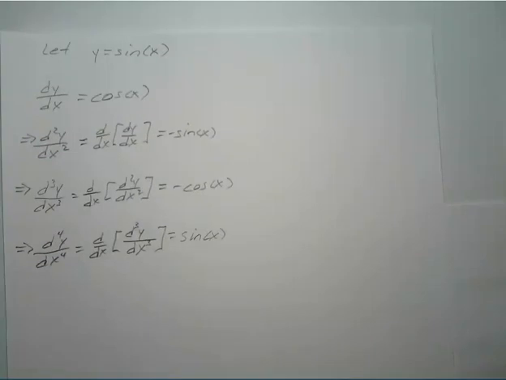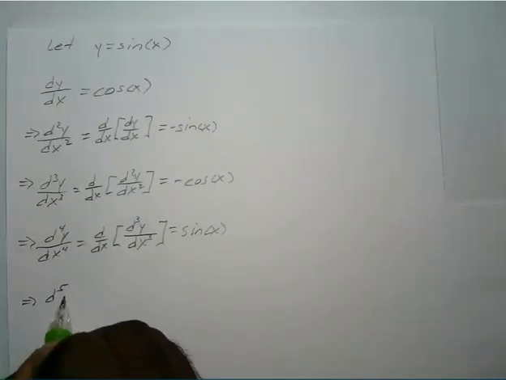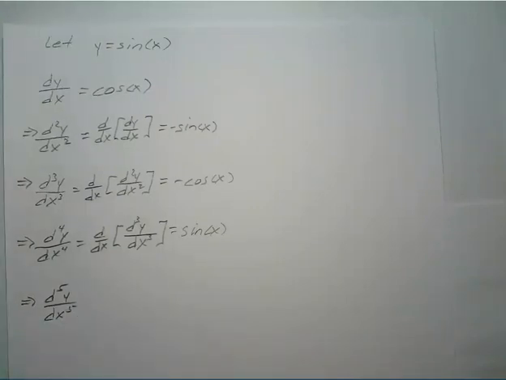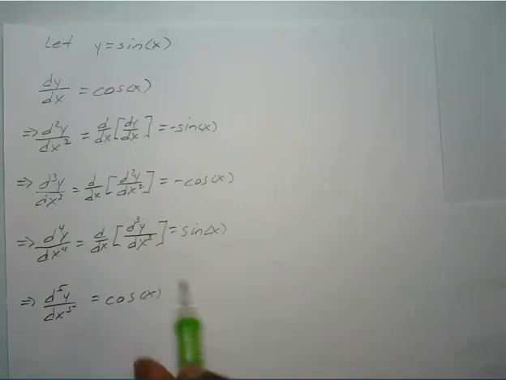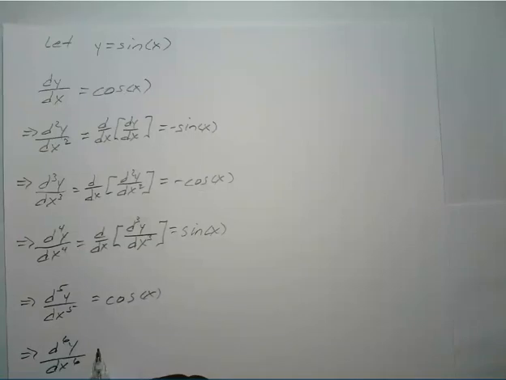If we go to the fifth derivative, that's actually going to be cosine of x, which is the derivative of the fourth derivative. The sixth derivative is going to be negative sine of x, because that's the derivative of the fifth derivative.